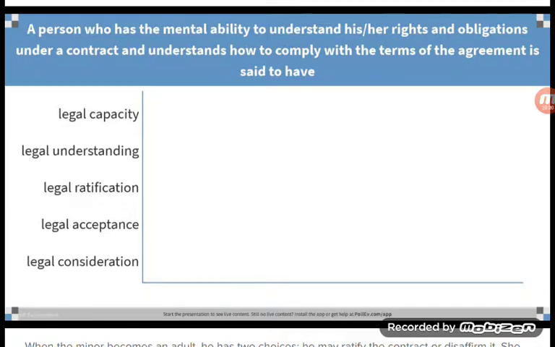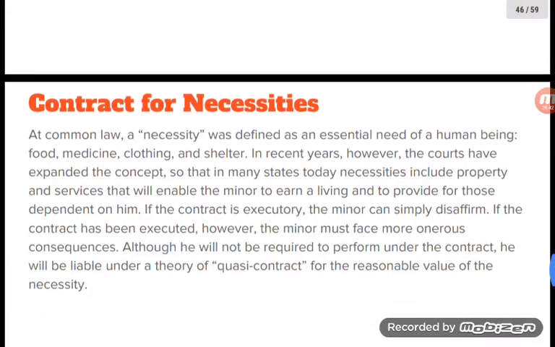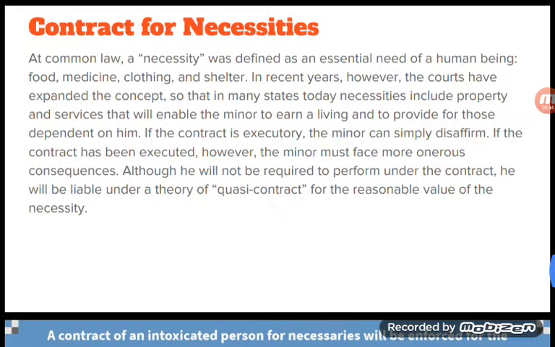A person who has the mental ability to understand his or her rights and obligations under a contract, and understand how to comply with the terms of the agreement, is said to have legal capacity. So we've been talking about necessaries.